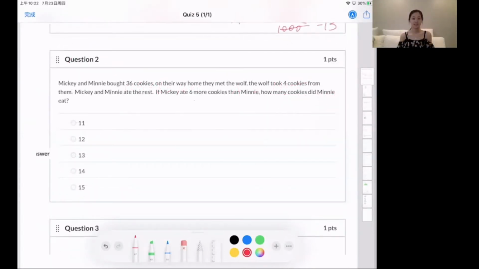Question 2. Mickey and Minnie bought 36 cookies.